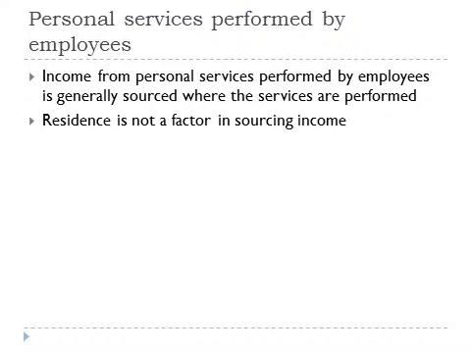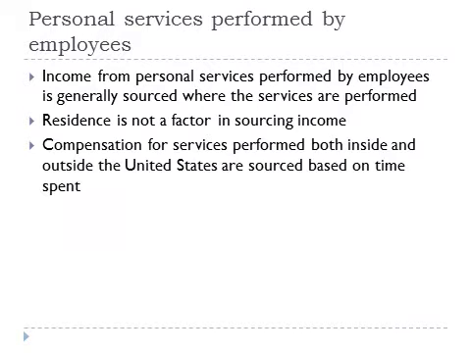The residence of the person performing the services is ordinarily not relevant to the sourcing of the income. Income earned by an employee for services performed both in the United States and outside the United States is ordinarily allocated to U.S. and foreign sources based upon time spent performing services inside and outside the United States.